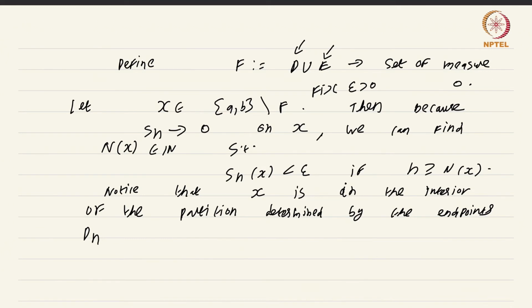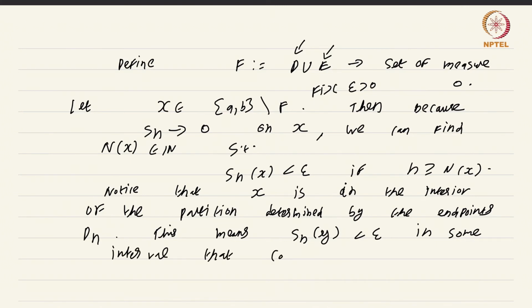That means Sn(x) is less than epsilon, and Sn(y) is less than epsilon in some interval that contains X, and this is true for all n greater than or equal to Nx.